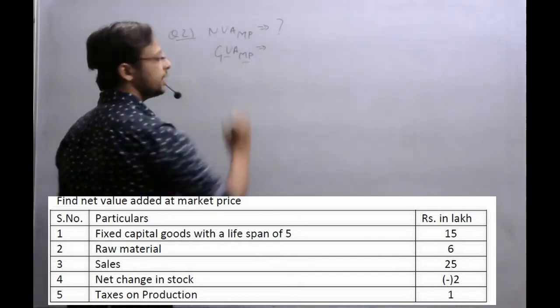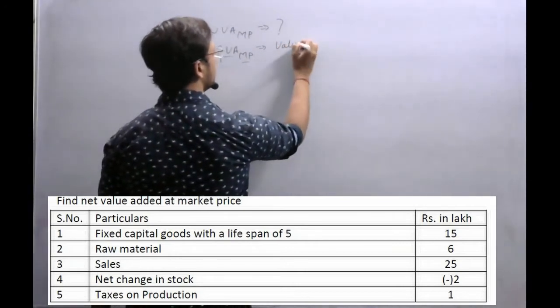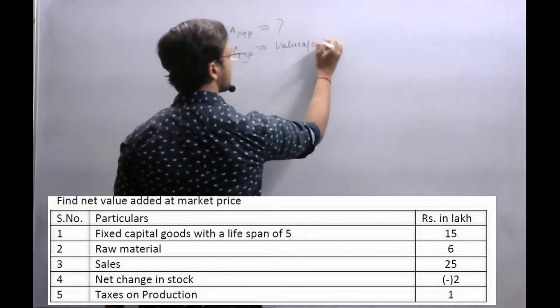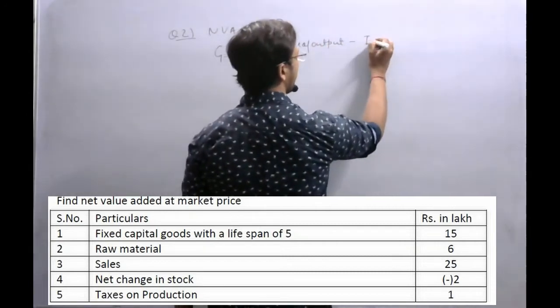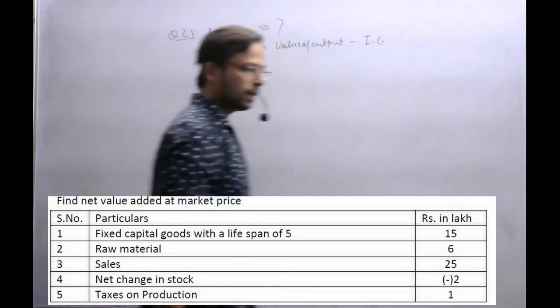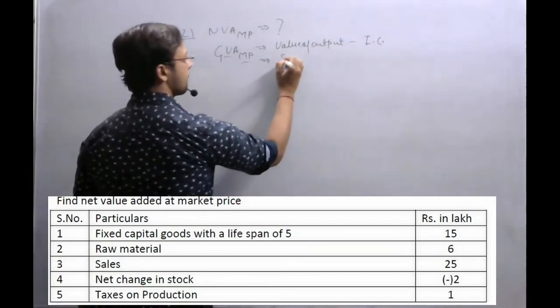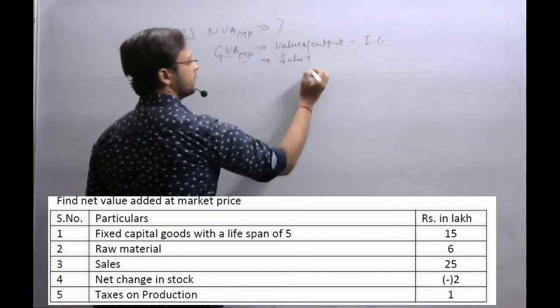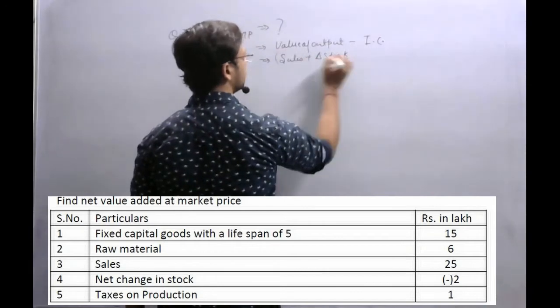GVA at MP equals value of output minus intermediate consumption, and the value of output is sales plus change in stock.